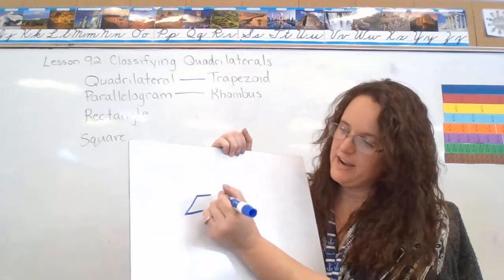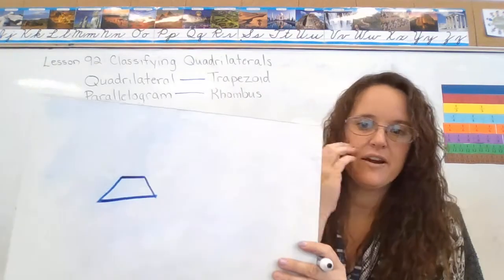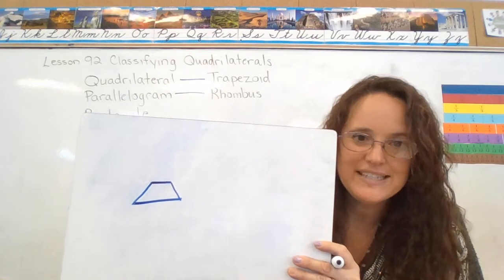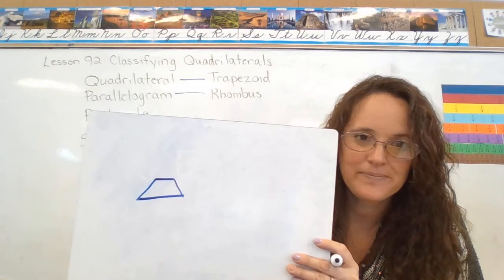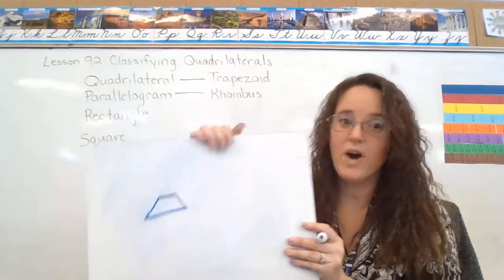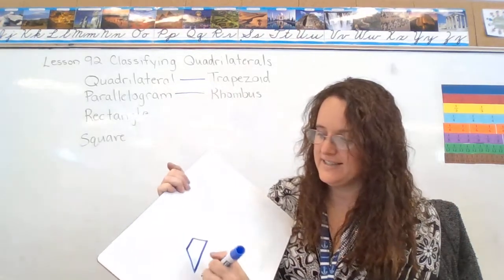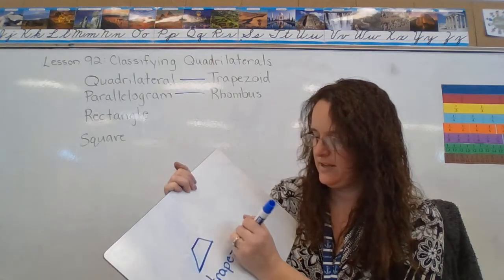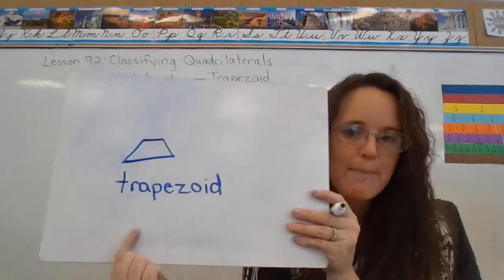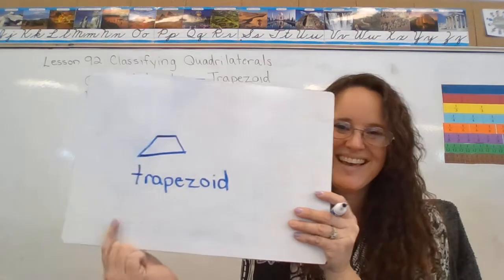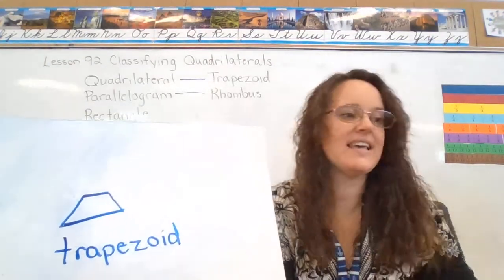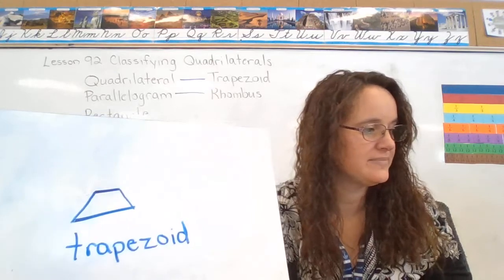So you connect them there, connect them there. What type of quadrilateral did you make? Remember, one set of parallel lines, it's called a trapezoid. Kind of a funny word, trapezoid. Trapezoid, one set of parallel lines has a trapezoid.